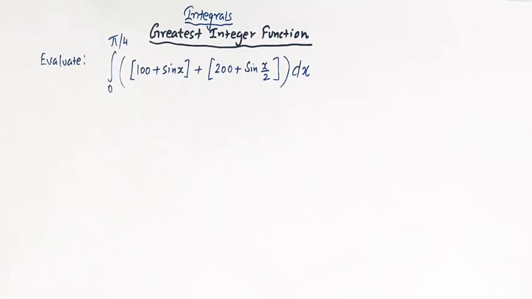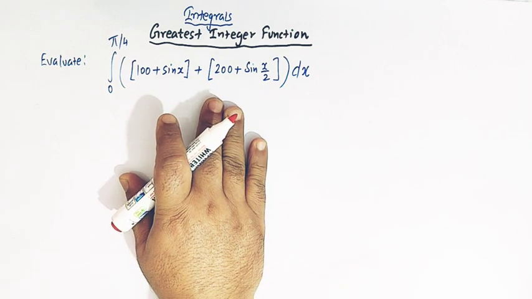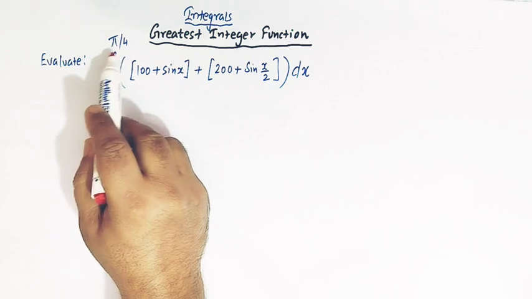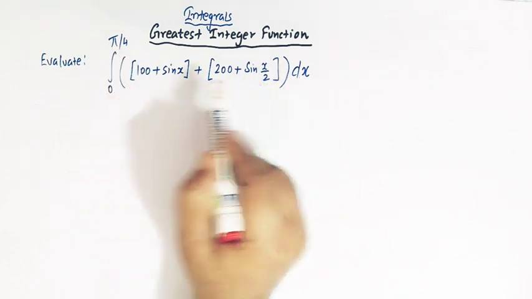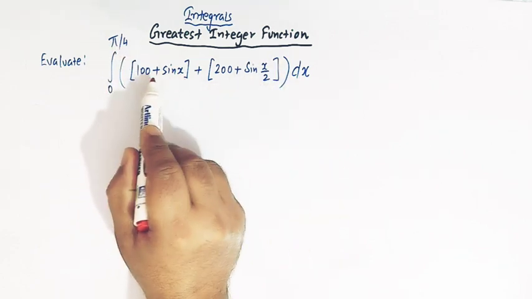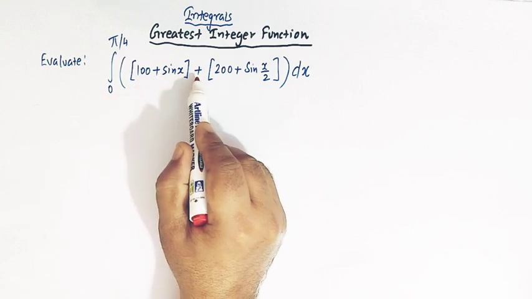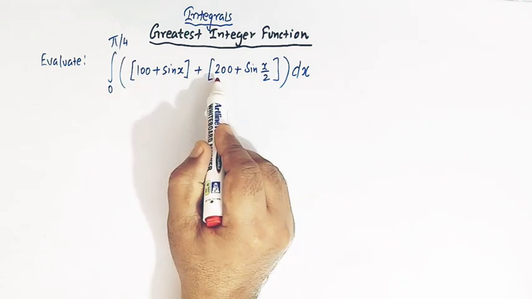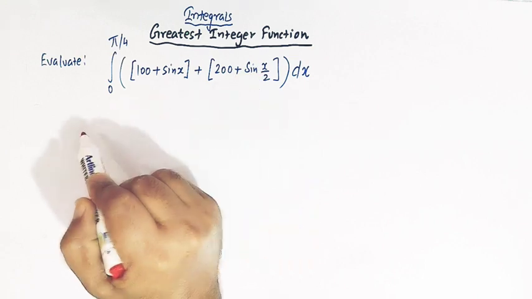Hello viewers, in today's class we are going to discuss one very important definite integral involving the greatest integer function. Here we have to solve this integral from 0 to pi by 4, and the integrand is the greatest integer of 100 plus sine x plus the greatest integer of 200 plus sine x over 2.